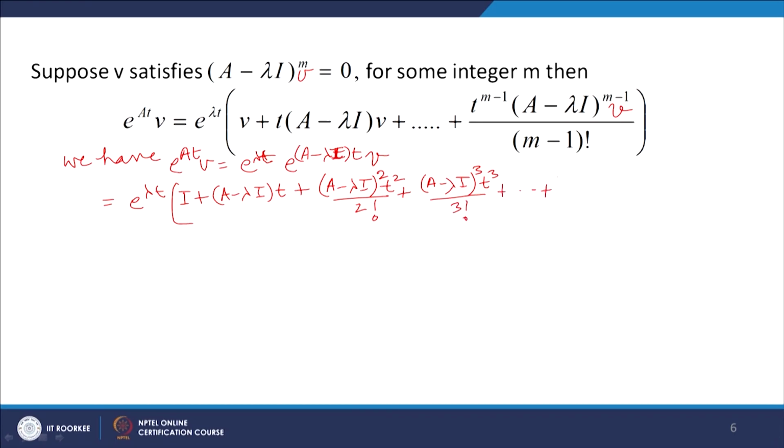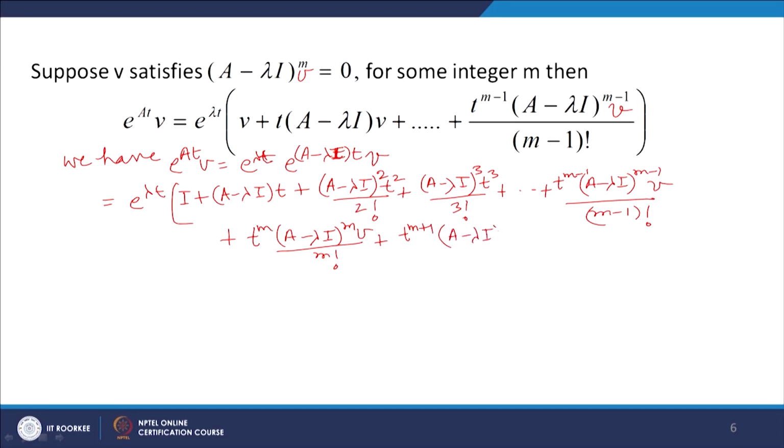Then t to the power m minus 1 (A minus lambda I)^(m minus 1) over (m minus 1) factorial, and then t to the power m (A minus lambda I)^m over m factorial, and then t to the power m plus 1 (A minus lambda I)^(m plus 1) over (m plus 1) factorial, and so on.